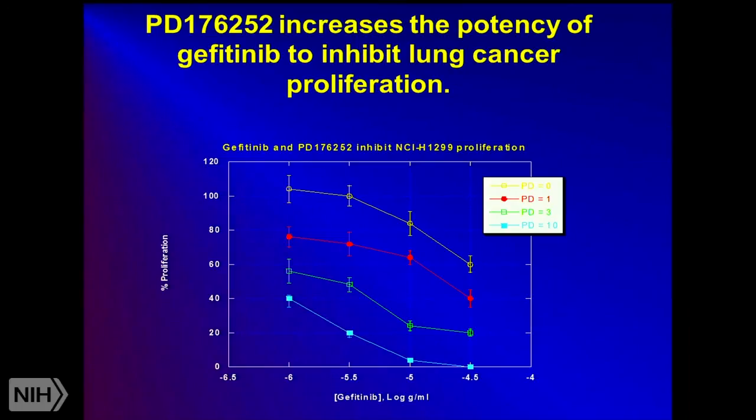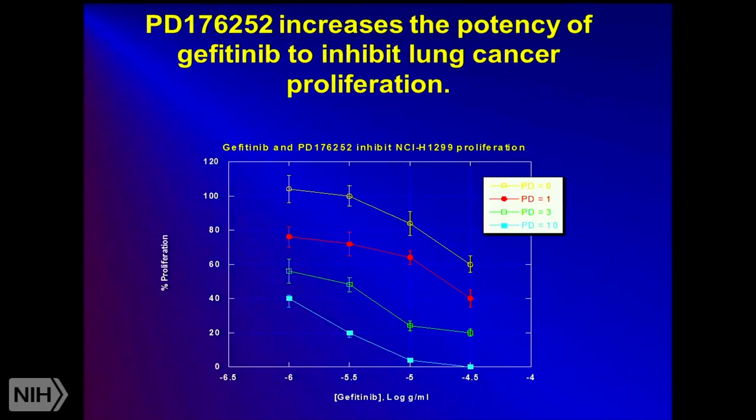And in terms of growth, one of the things that we mentioned previously is that gefitinib is used in patients with mutated EGF receptor. So one goal is then to increase the potency of gefitinib in patients with wild-type receptor. And we find that when we add this antagonist, PD176252, the gefitinib dose-response curve starts shifting to the left.